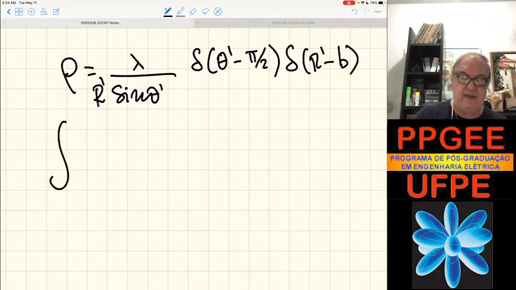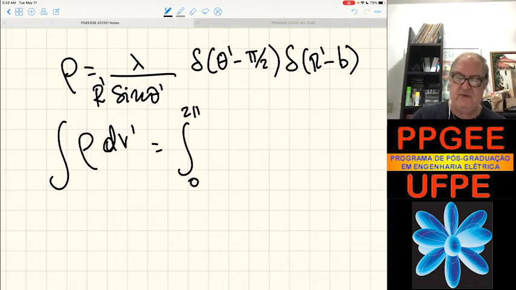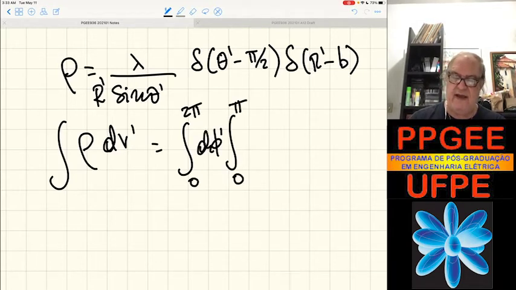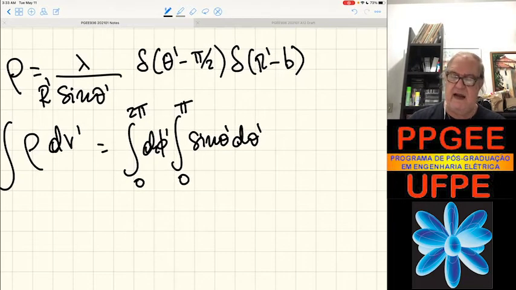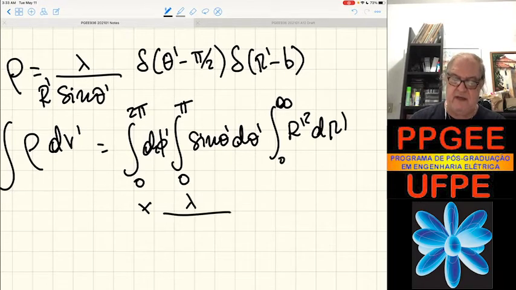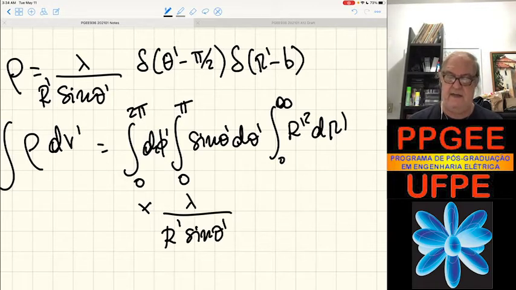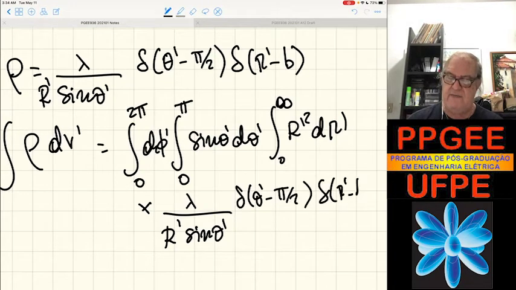If I integrate this in the whole space, phi goes from 0 to 2 pi, right? Theta goes from 0 to pi, and r goes from 0 to infinity, times this delta function lambda over r prime sine theta prime, delta of theta prime minus pi over 2, delta of r prime minus b.